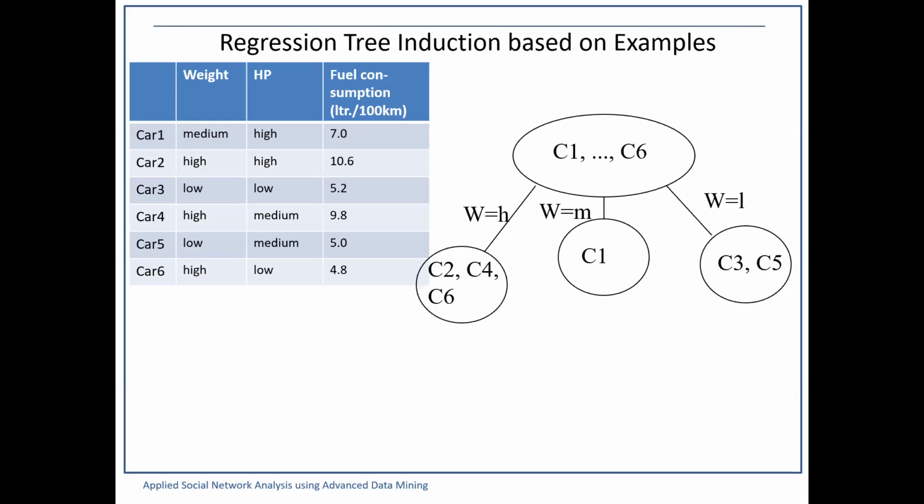Exactly, very good, Yi. We have to calculate variance or any other measure. So what was entropy or Gini in the classification case is now variance. In the regression case, variance is the criterion that tells us if we are supposed to continue branching or if we could stop. So variance here is very low. 5.0 and 5.2 liters for those two cars have a very low variance.